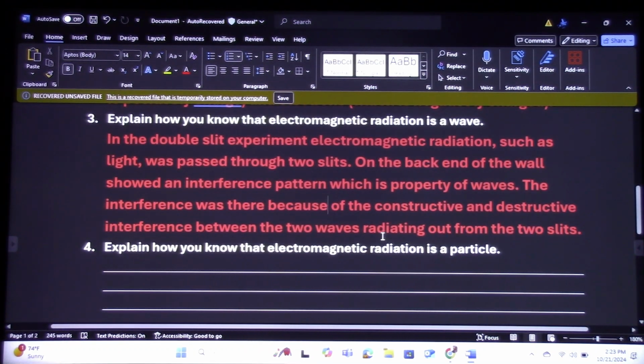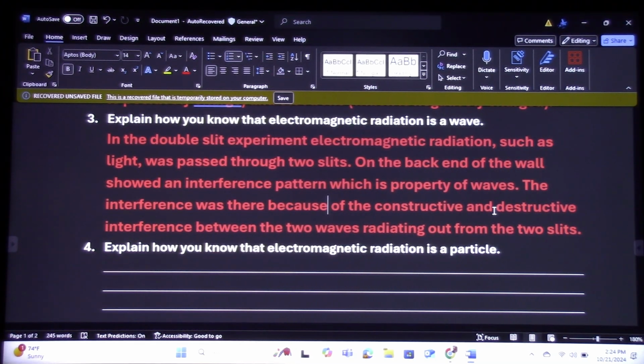You can go a little farther here if you'd like and explain this constructive and destructive interference a little more, but I'm pretty sure I asked that later on down. But you can add that extra detail: constructive, the same points of the waves meet up, which gets us bands of light. Destructive, opposite points of the waves meet and cancel each other out.